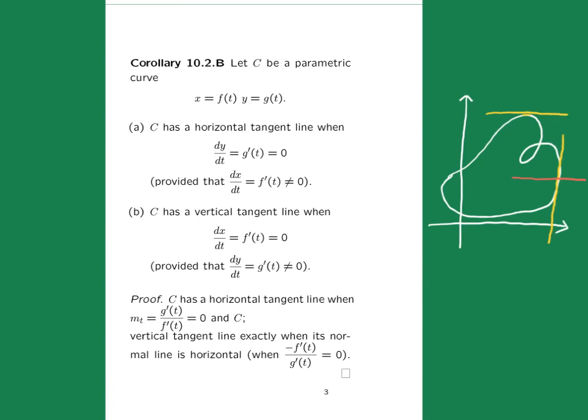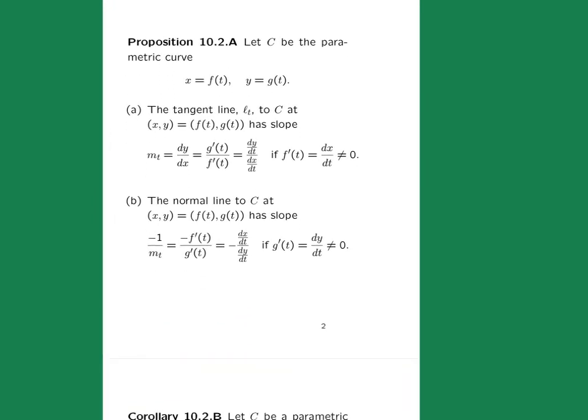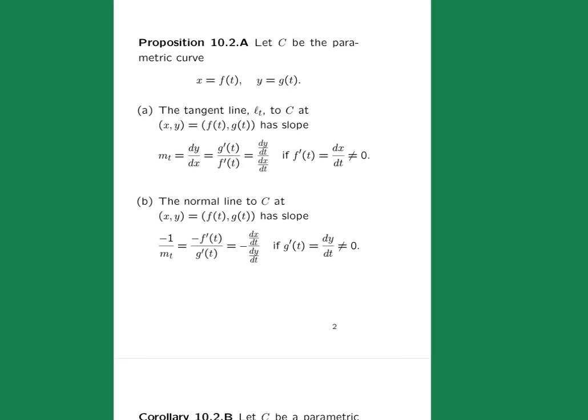Of course, we don't really need to remember this statement here so much as we need to remember the proposition up above, which told us the general formula for the slope of the tangent line to our curve at t and the slope of the normal line to our curve at t, and then we can just derive that corollary using exactly the same logic that I just outlined, each time we need to apply it.